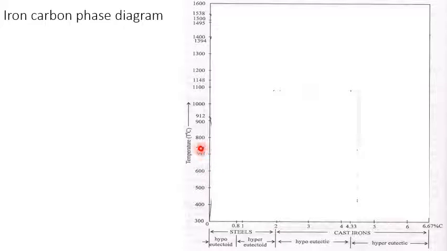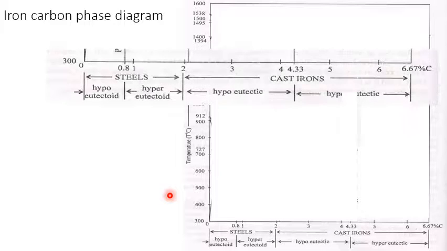So 727, 912, 1148 and 1495. These temperatures in connection with these compositions play an important role in controlling the different phases which are going to form at a different composition.